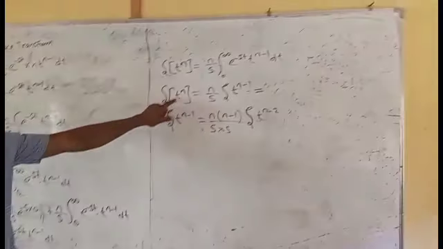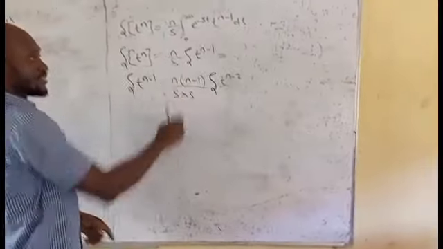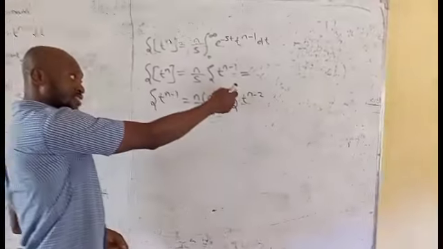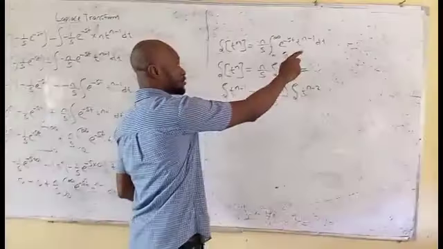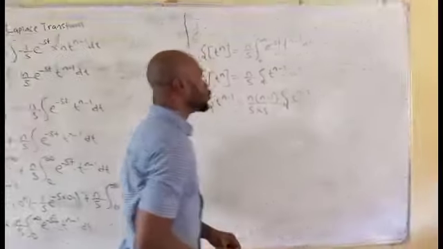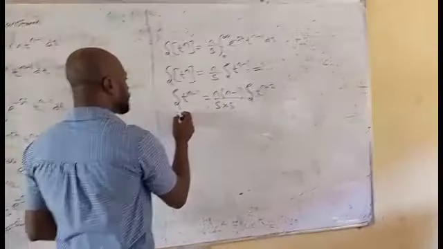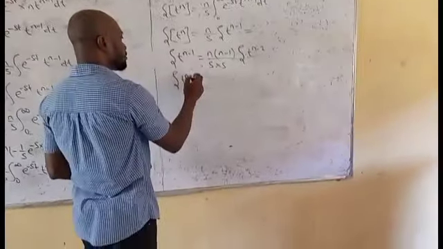Because we looked for the Laplace transform of t raised to the power of n, and we got t raised to the power of n minus 1. Now, if you look for the Laplace transform of t raised to the power of n minus 1, you will have n into n minus 1 over s times s, then the Laplace transform just like the way we did before. So what if you are looking for the Laplace transform of t raised to the power of n minus 2?